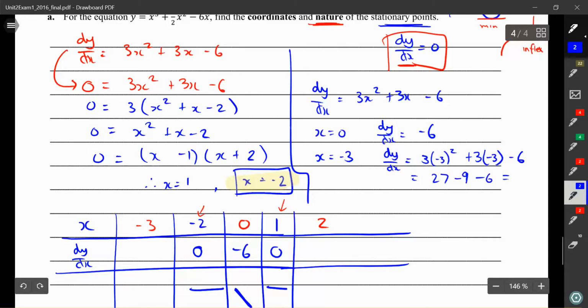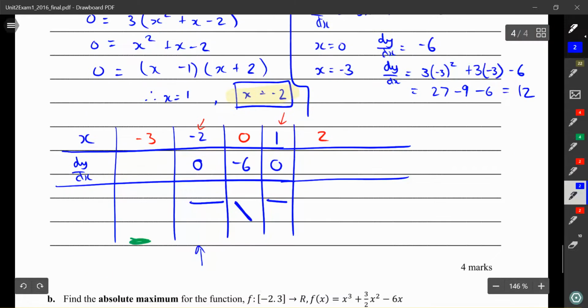Negative 9 minus 6 is negative 15. So 27 take away 15 is 12. Okay, so a gradient of 12, so it's a positive gradient. So yes, we were right. It is a local maximum when x is equal to negative 2. I haven't figured out what the y coordinate is, but we'll leave that for later.